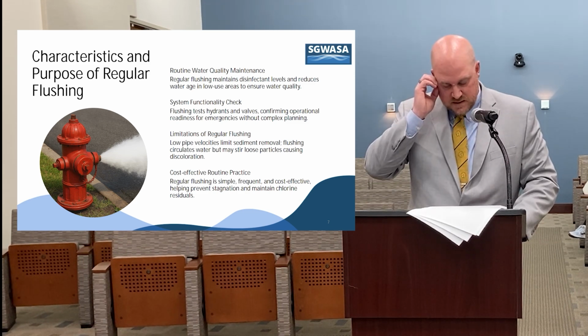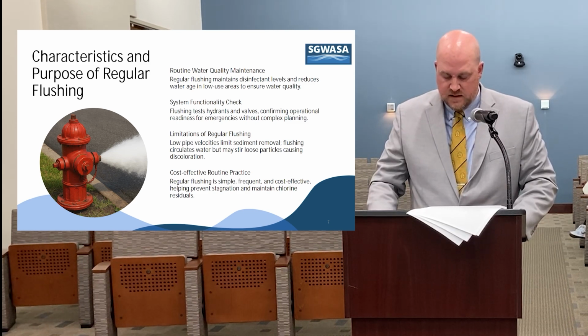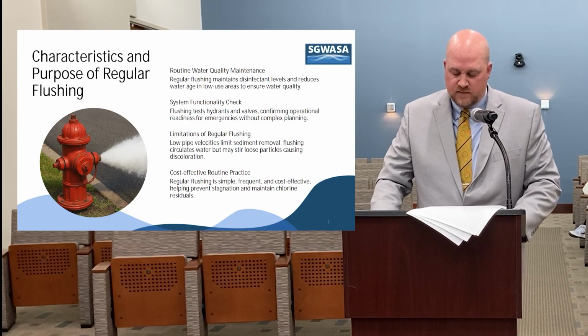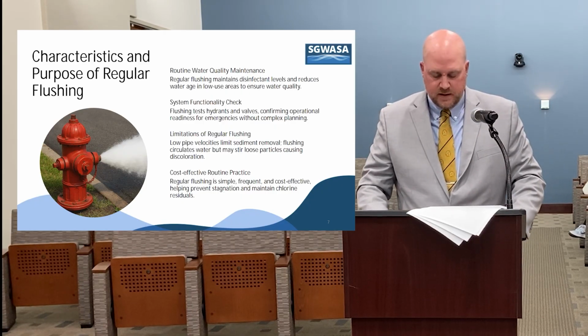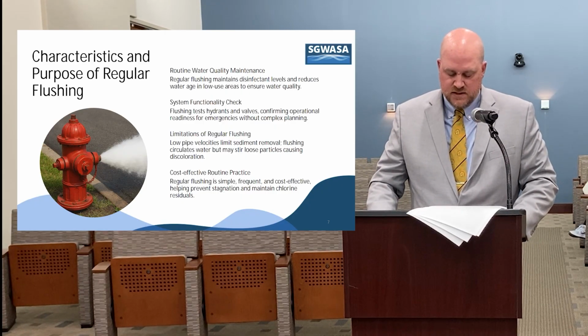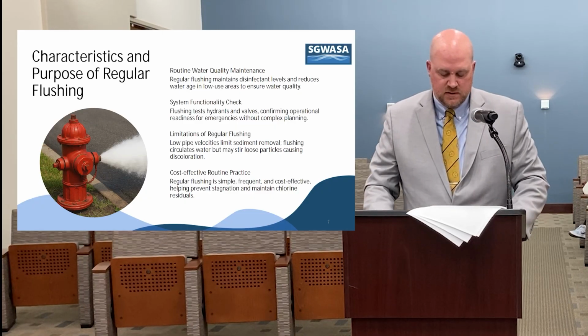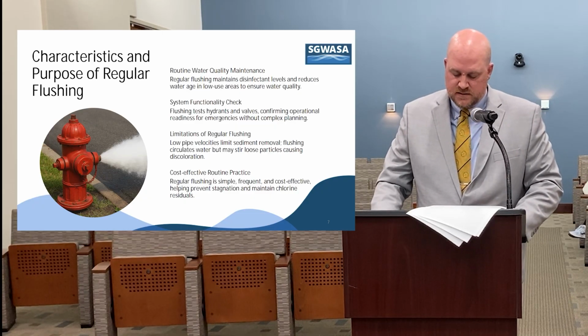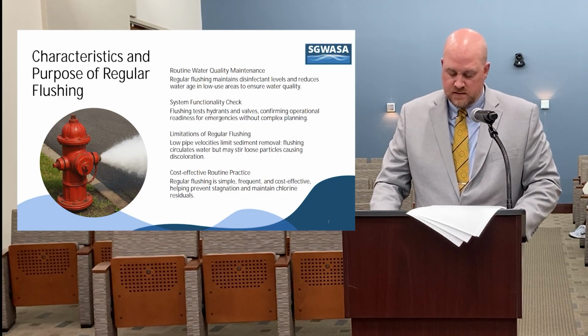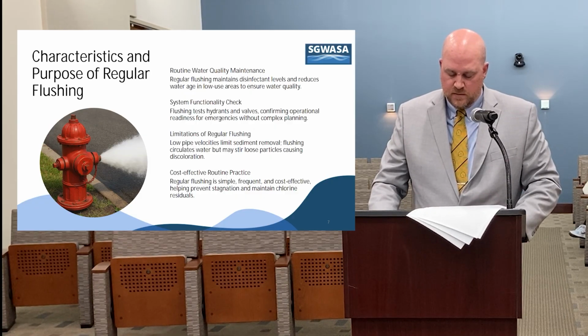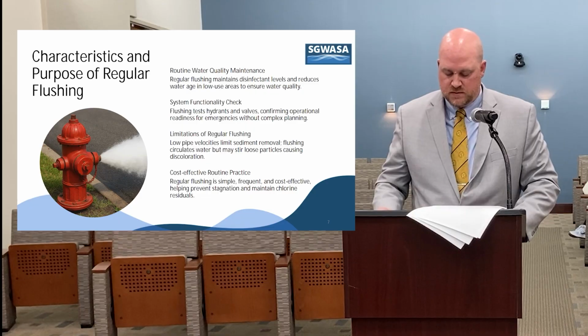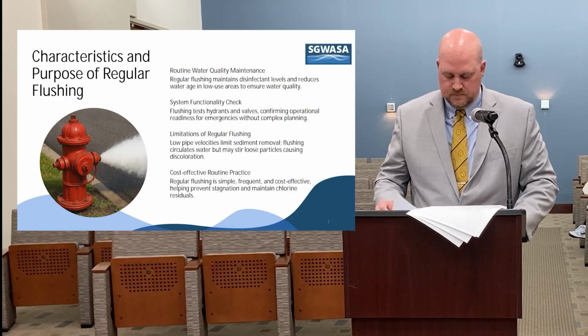Flushing tests hydrants and valves, confirming operational readiness for emergencies without complex planning. There are limitations on regular flushing, so you get low pipe velocities which limit sediment removal. Flushing circulates water, but also may stir loose particles, causing discoloration.